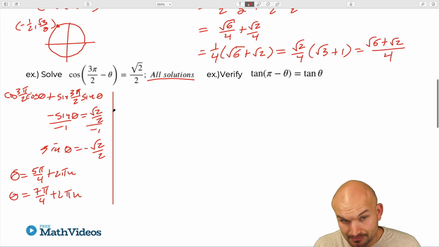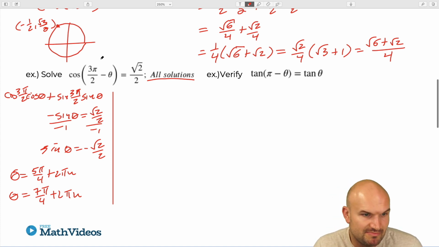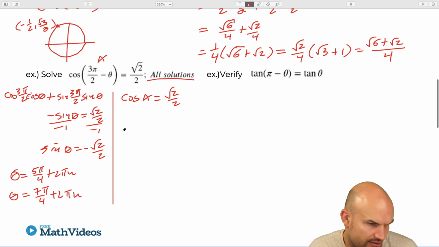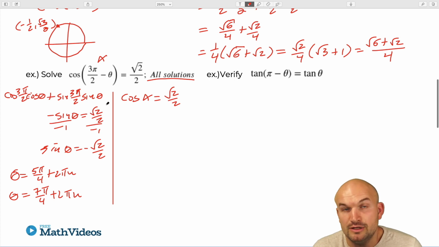Now, another way we could look at this, which is a little bit odder, is to let this be alpha. If cosine of alpha is equal to the square root of 2 over 2, and sine is negative, then when is cosine of alpha equal to square root of 2 over 2?